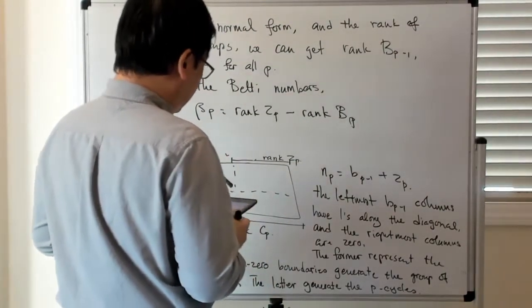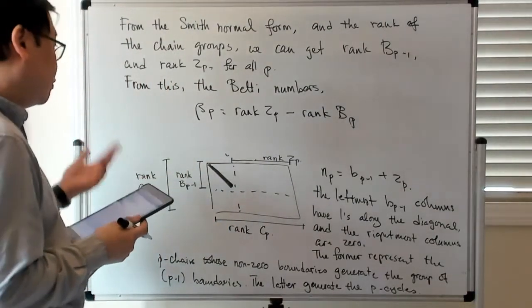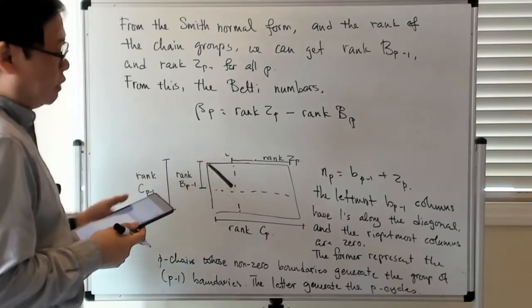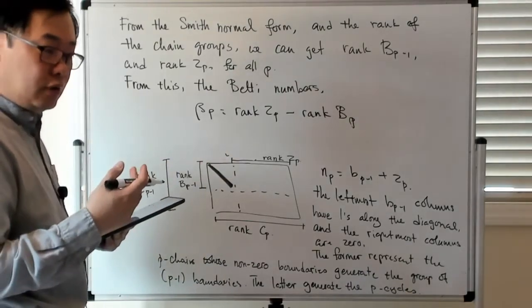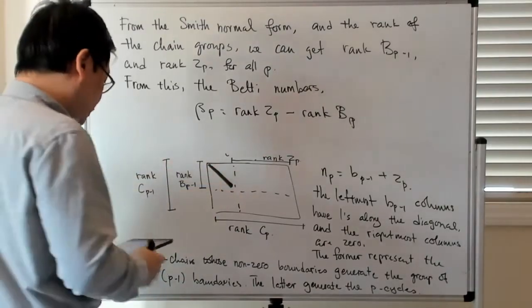So we're not quite done yet because, as important as it is to know the rank of the homology group, it's also helpful to know what is the basis which gives you these things, right?